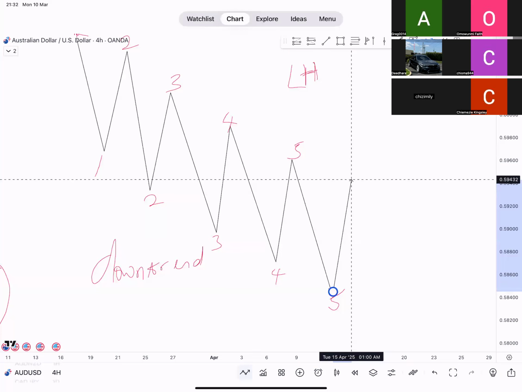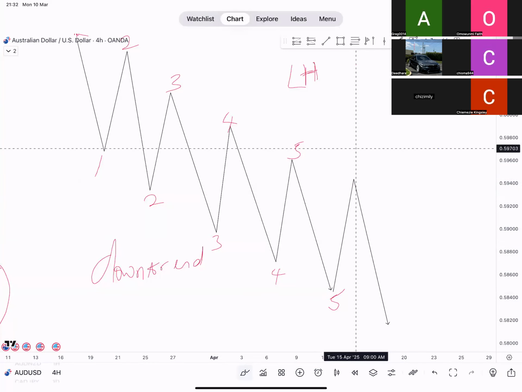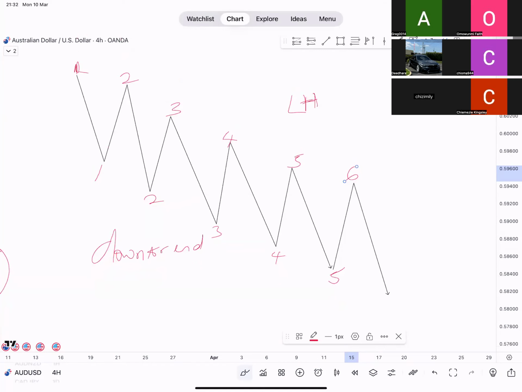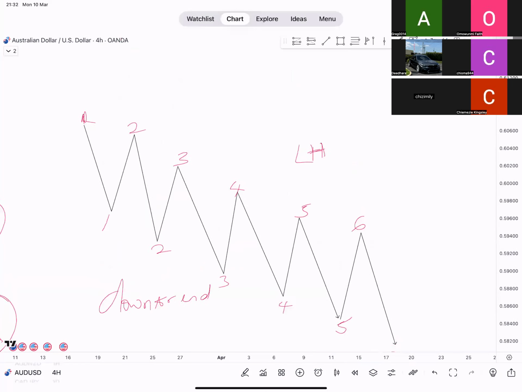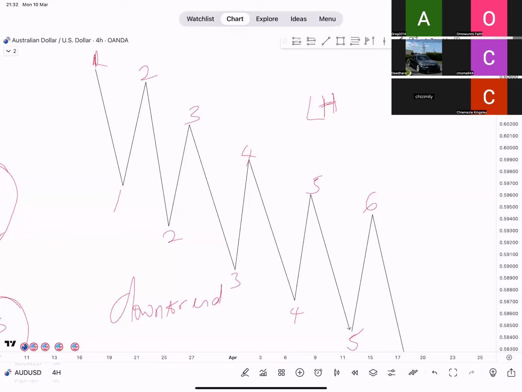So if I create high 6, this is what it is going to still look like. High 6 will be lower than high 5. And low 6 will be lower than low 5. So it is very valid to say that a downtrend is made up of lower highs. Why? The new highs are always lower than the previous highs in a downtrend.